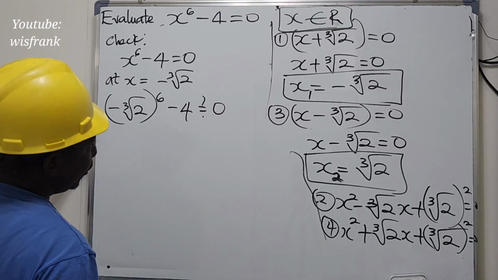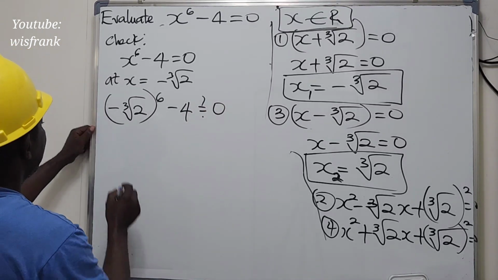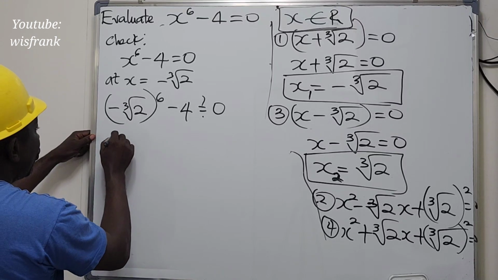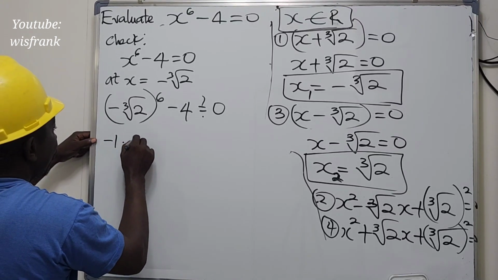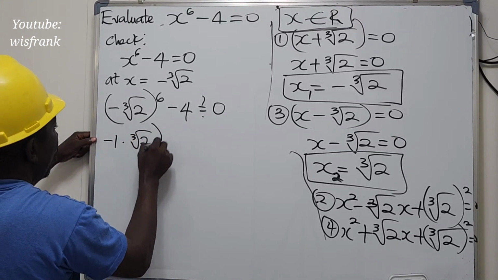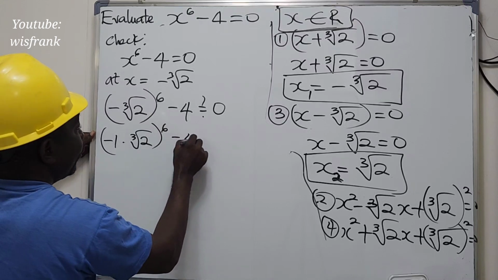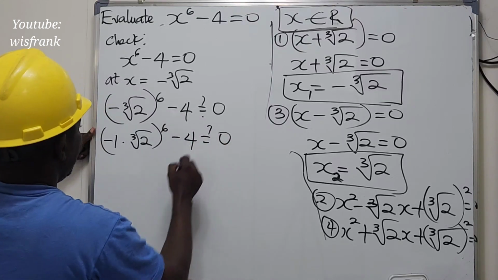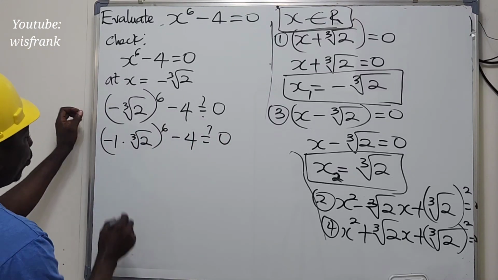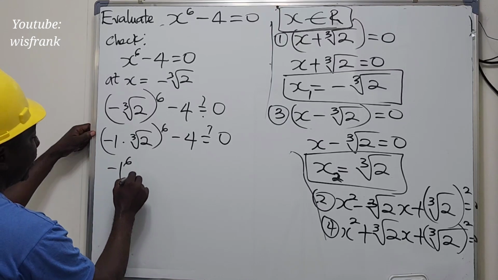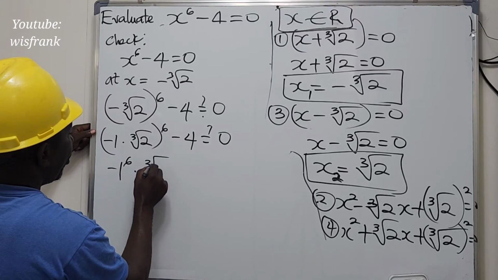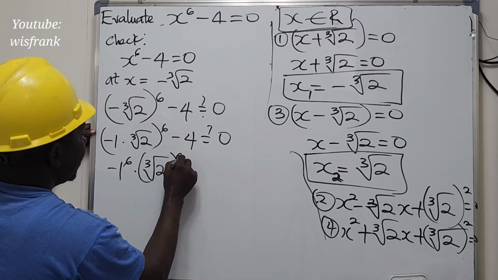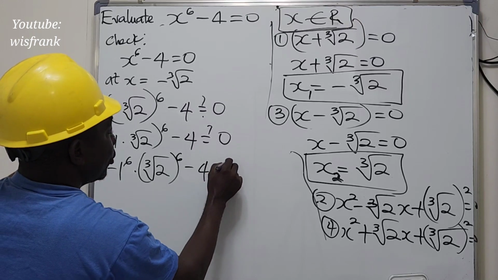Will it equal to 0? Let's find out. So this is the same thing as having minus 1 times cube root of 2 all to the power of 6 minus 4 equals to what? Which is 0. So this, if we distribute it, we have minus 1 to the power of 6 times cube root of 2 to the power of 6 minus 4 equals to what?